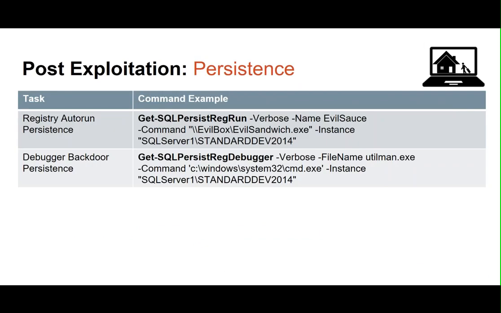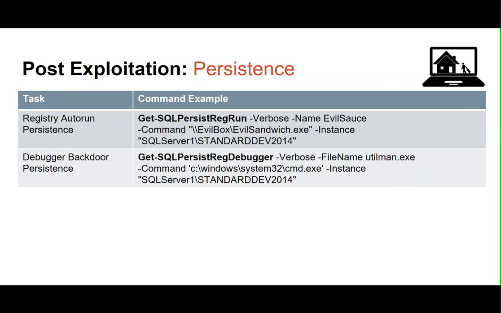I have one persistence example here. I currently only have two modules for persistence. One is an autorun that will run every time you start the server or log in. The other is a debugger backdoor. So in this command example, you can see we're targeting utilman, which is that Windows key U. And instead of running your utility manager, what this will do is run cmd.exe.